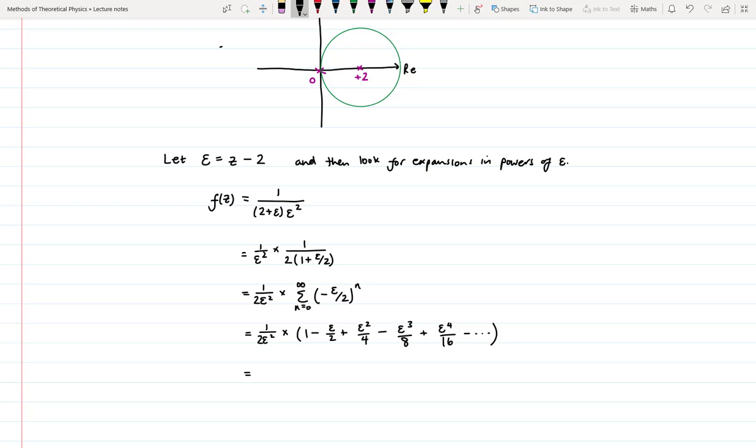Multiplying this out, the first term is this. The second term is going to give us 1 over 4 epsilon. We'll then have 1/8, then minus epsilon over 16 plus epsilon squared over 32, and so on.